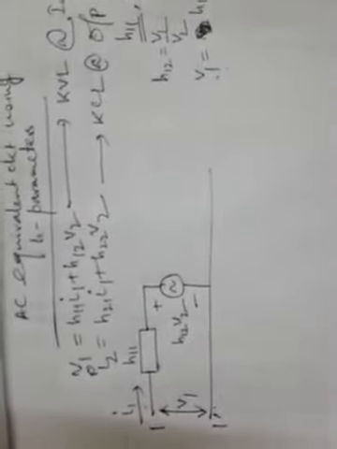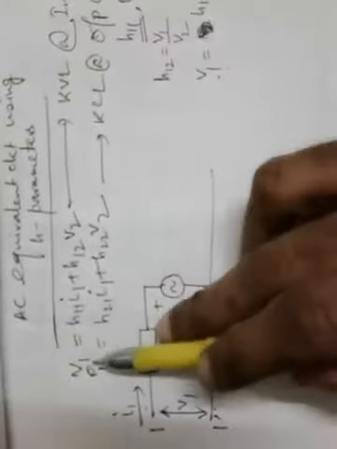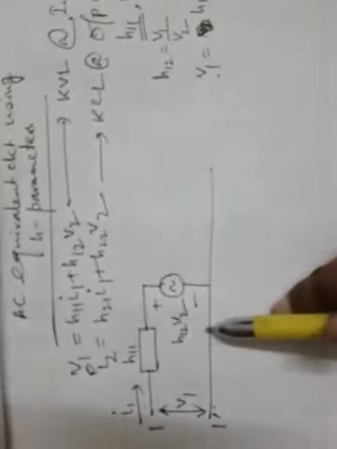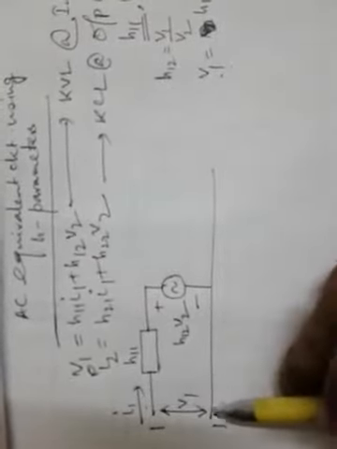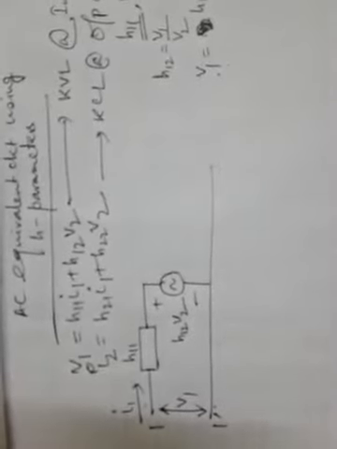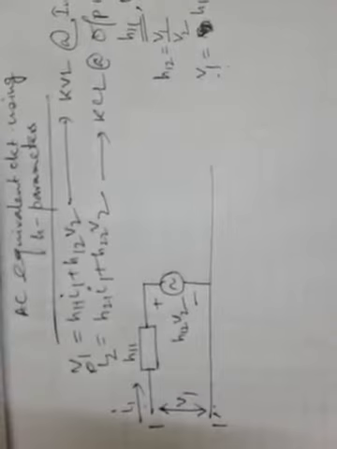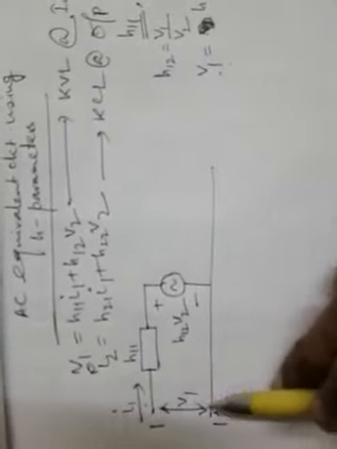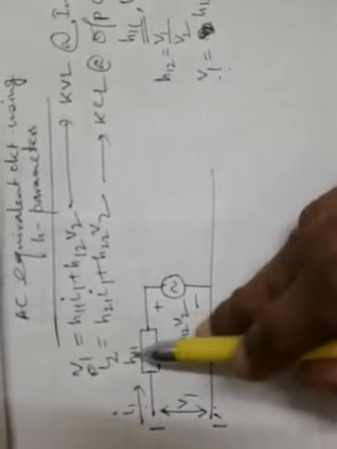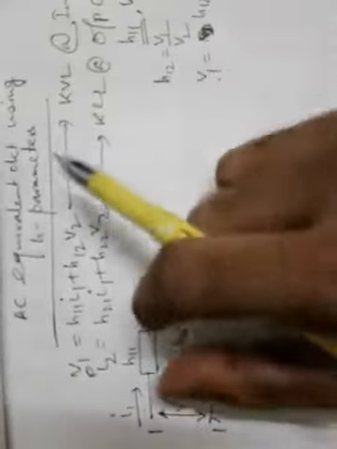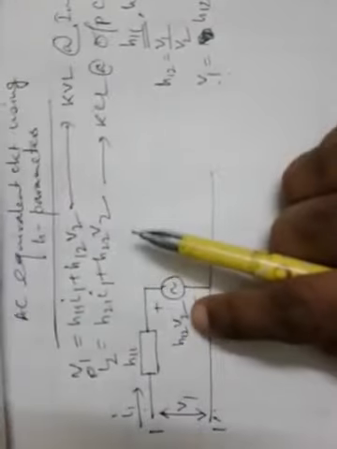Now you can check whether, by applying KVL, the first equation can be derived from this loop. KVL means the sum of all the potential drops is equal to the sum of the connected voltage sources. So V1 should be equal to the potential drop across H11, which is H11 into I1, plus the voltage H12 V2.